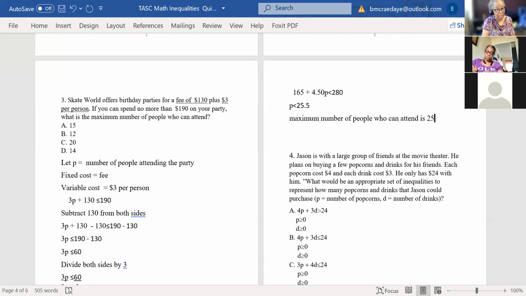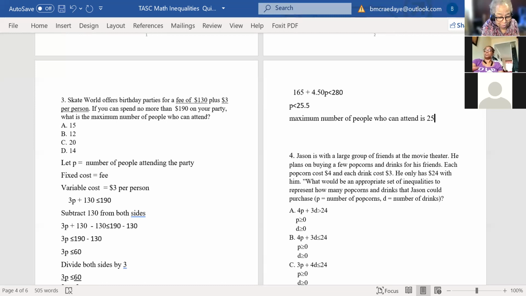And if you want to check it, take 26, multiply it by the fee per person, and add it to 165, and you'll get a number bigger than 280, over the budget. That's how you know 26 is not right.